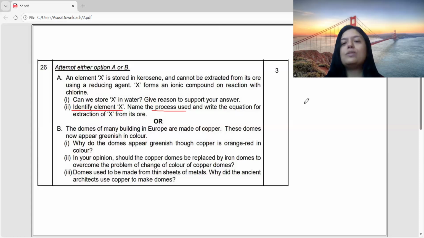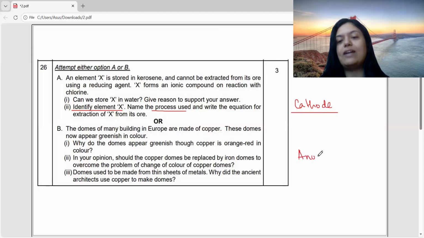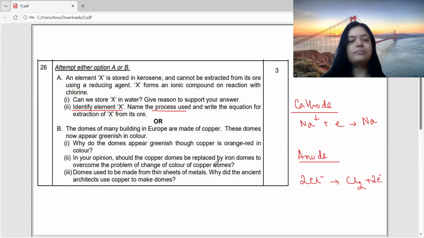Now write the equation means we have to write the cathode and the anode equation. So one is cathode and one is anode. For your cathode, you have Na plus plus electron will give you sodium, that's neutral. And here 2 Cl minus is going to give Cl2 plus 2 electrons.